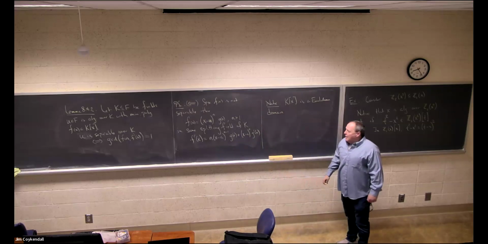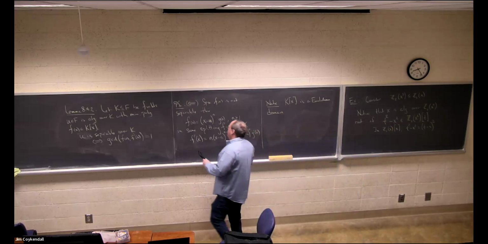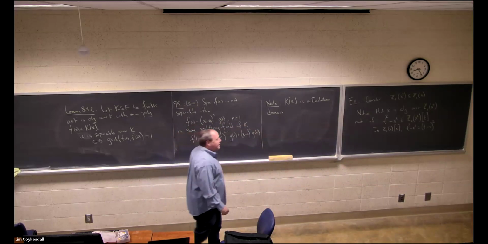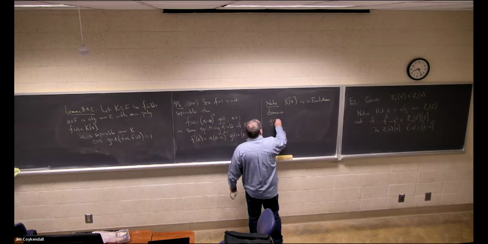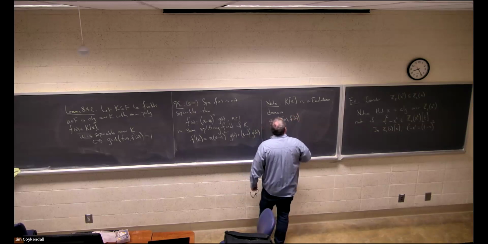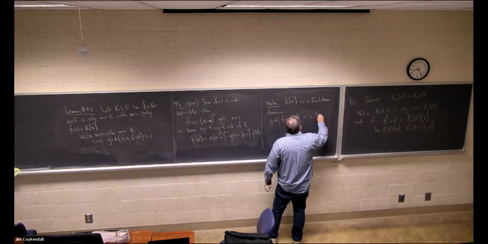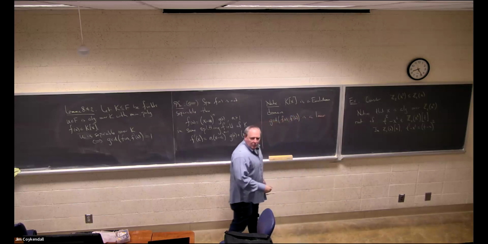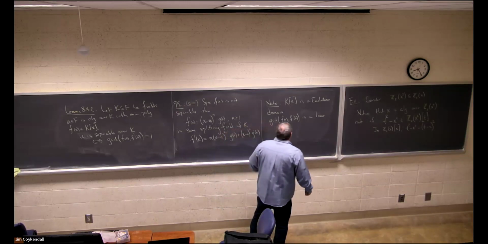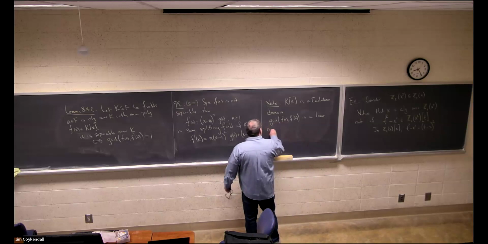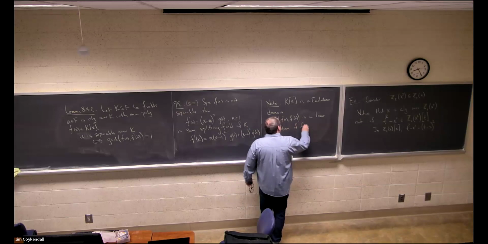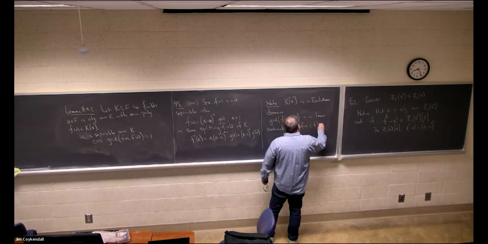And so the GCD of these two is a linear combination of f of x and f prime of x.